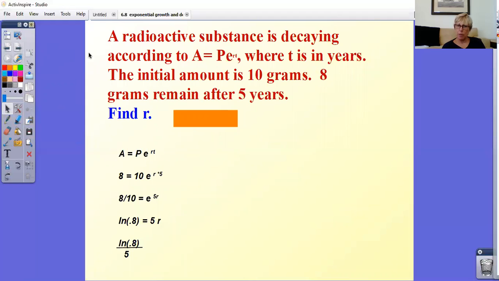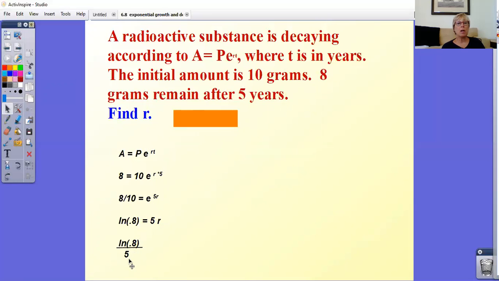Okay, decay. A radioactive substance is decaying according to our exponential model. The initial amount is 10. 8 grams are going to remain after 5 years. So my A is 8 and my P is 10. So A, P, and my R is what I'm looking for, and my 5 goes in for time.